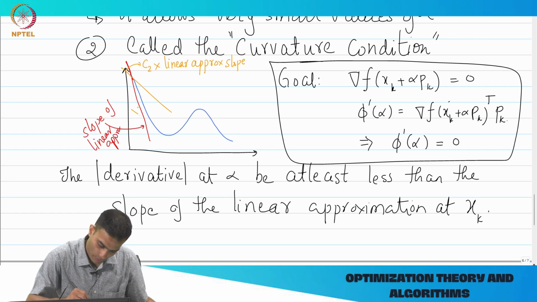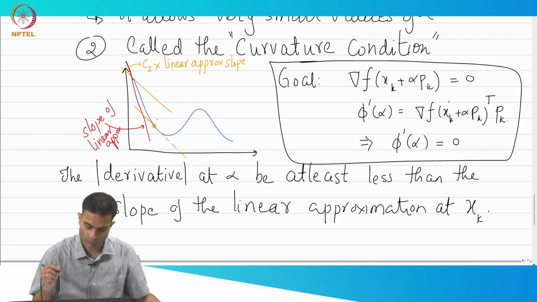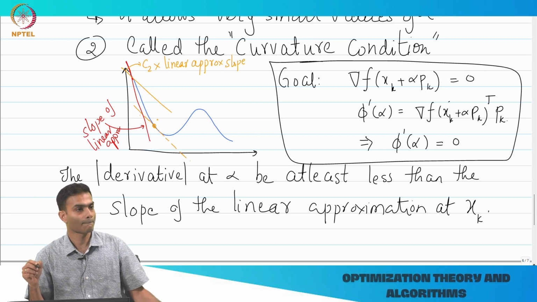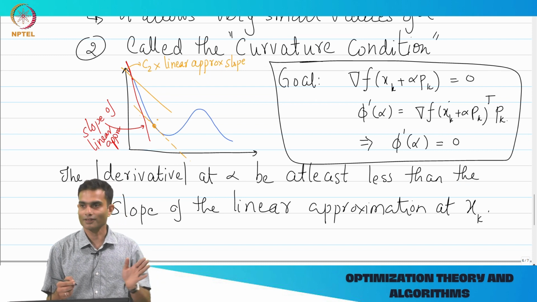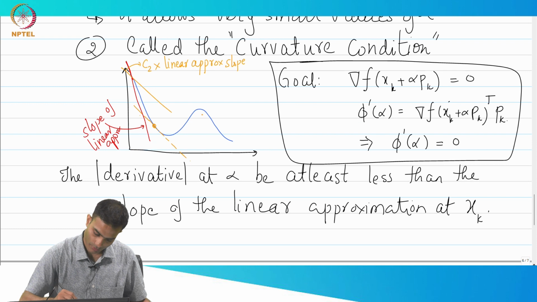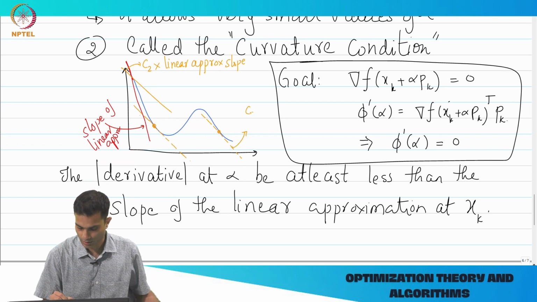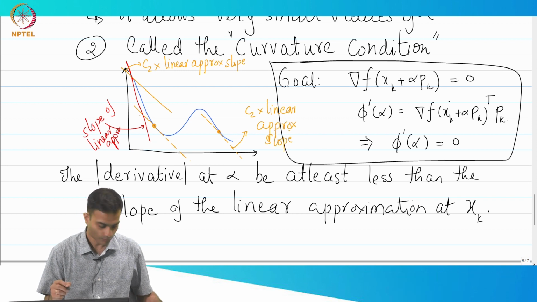For example, this is one place, right? Is there another place on this graph where the slope is equal to C2 times the linear approximation slope? Yes, right, further to the right. So somewhere over here.